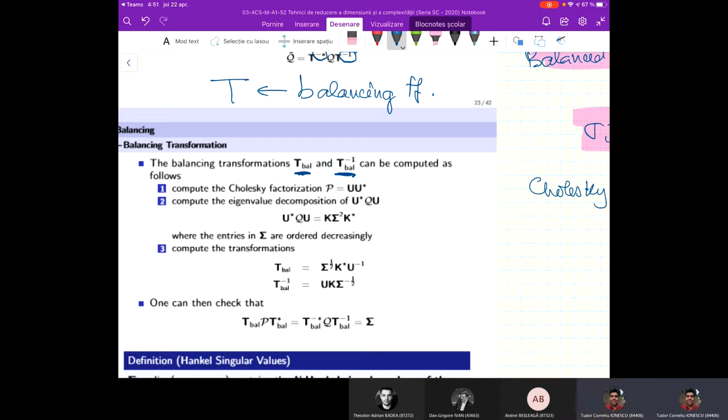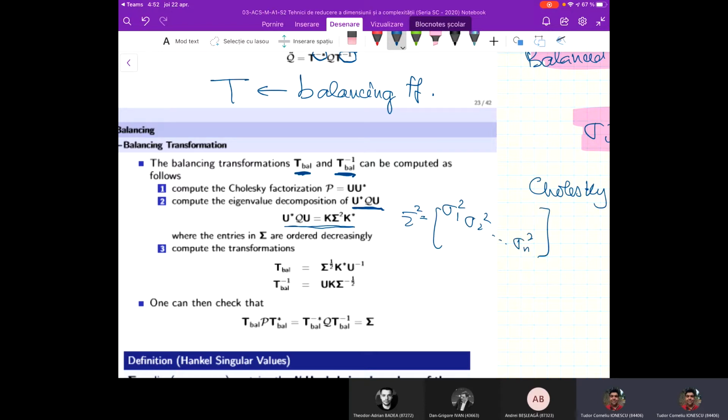Okay, fine. Now, you compute the eigenvalue decomposition of this matrix. Q is the observability gramian. So you multiply U star with Q and then with U, and you do an SVD, an eigenvalue decomposition of this matrix, which is given by this form, where sigma squared is exactly sigma 1 squared, sigma 2 squared, to sigma n squared, and these are the Hankel singular values of the system.